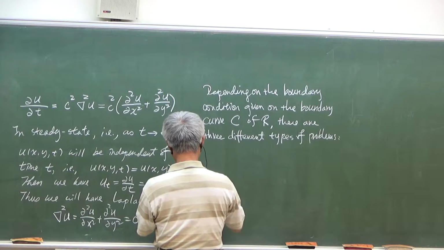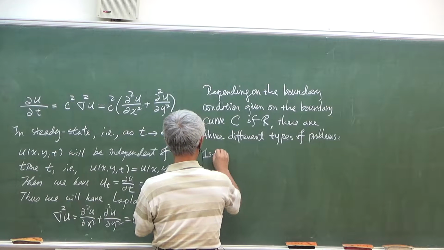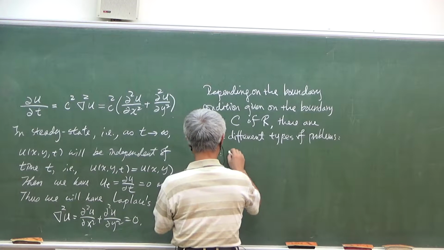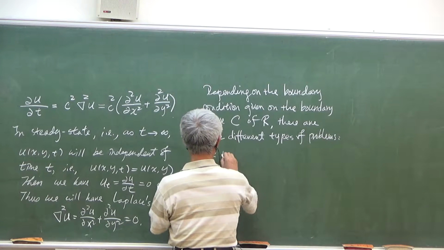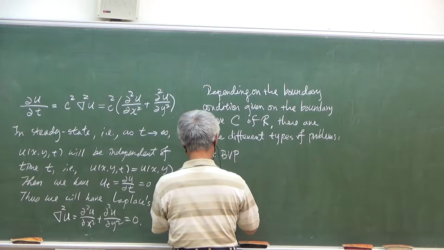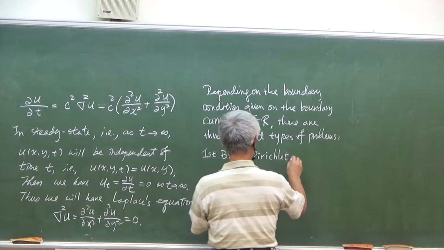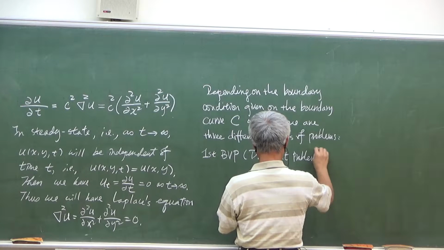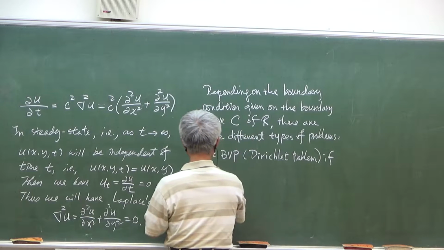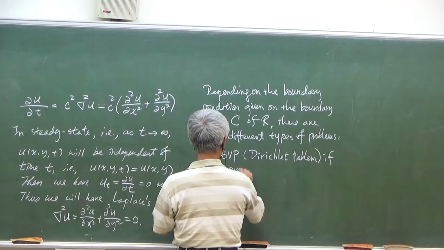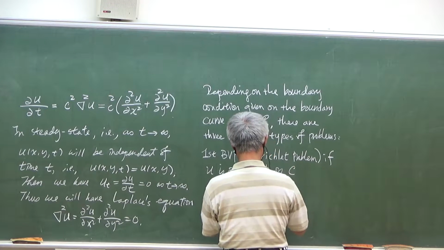Okay, so first, the first boundary value problem is called the Dirichlet problem. If u is prescribed on C, okay?